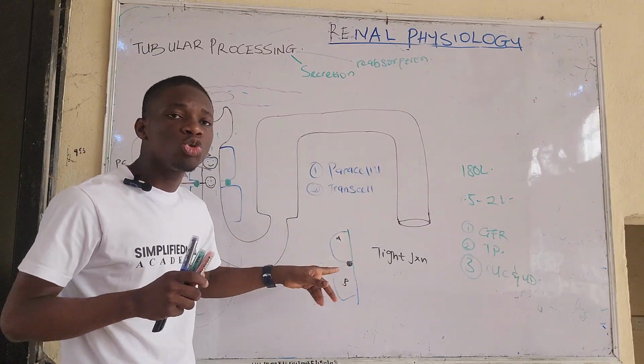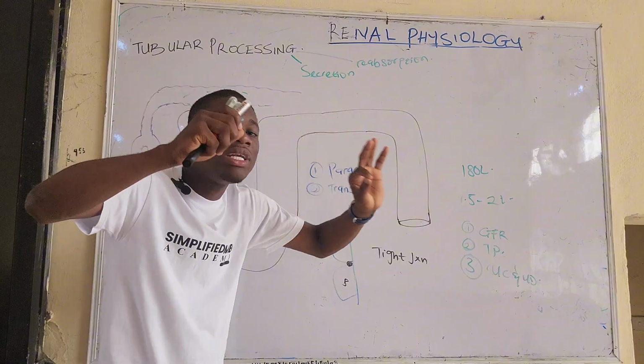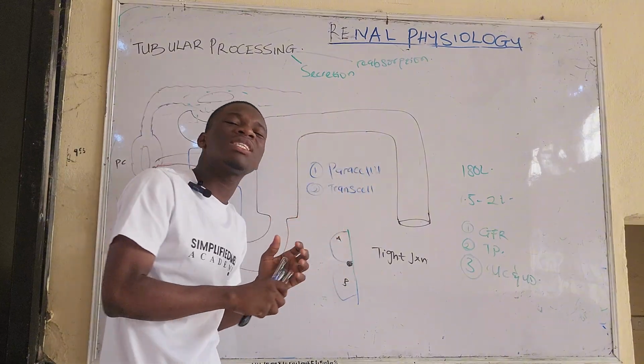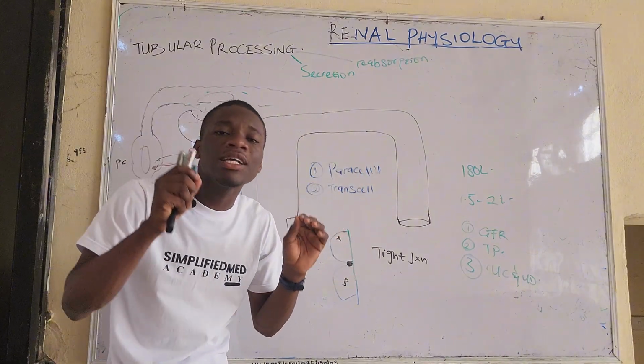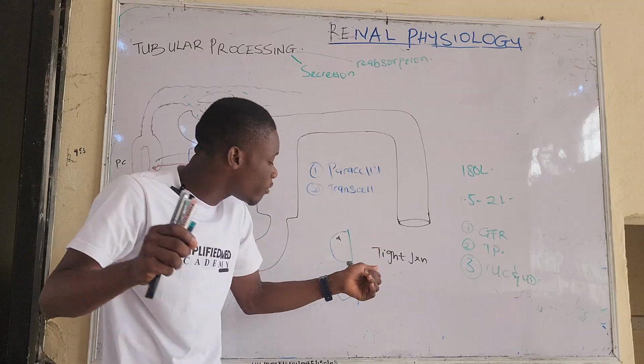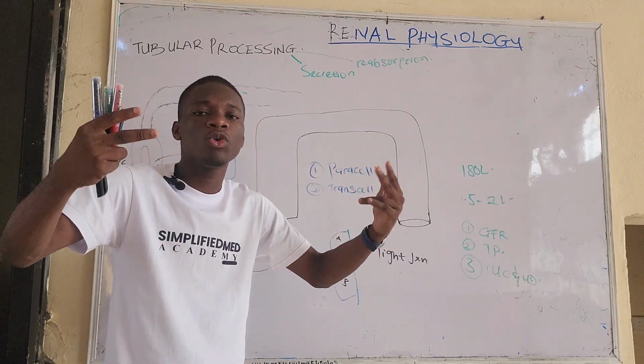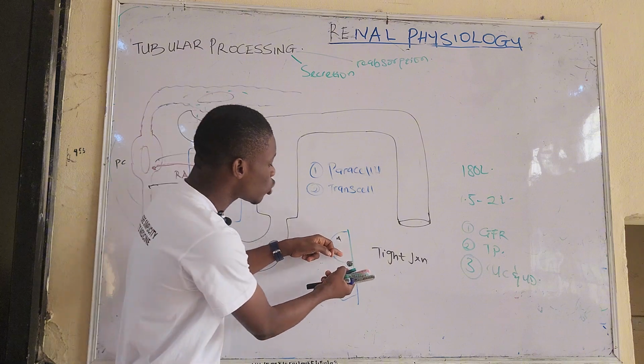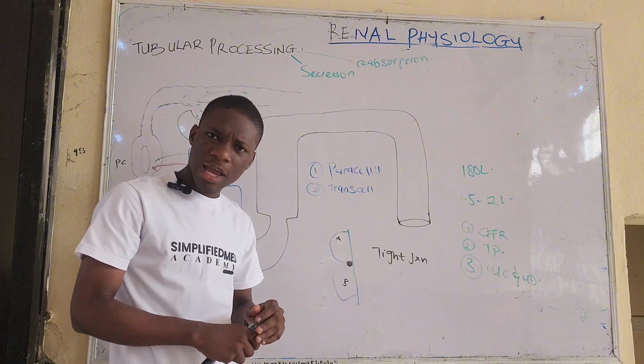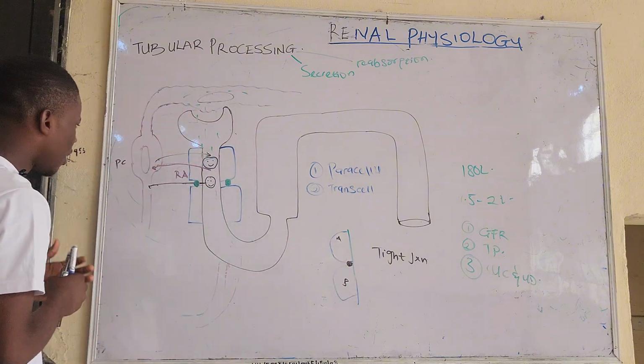What is this tight junction doing? It is only helping to hold the PCT cells together. PCT means proximal convoluted tubule. Are you following me?